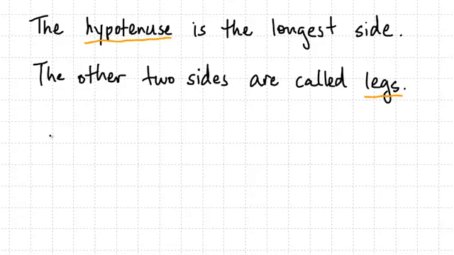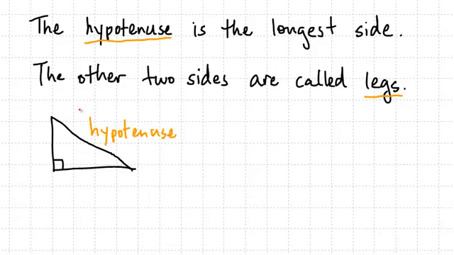Okay? So let me show you an example. If I draw out kind of the typical right triangle, marking that I have a right angle here, the hypotenuse is always the longest side. Okay. How do I recognize the hypotenuse? Well, the hypotenuse is always opposite of the right angle. What do I mean by that?